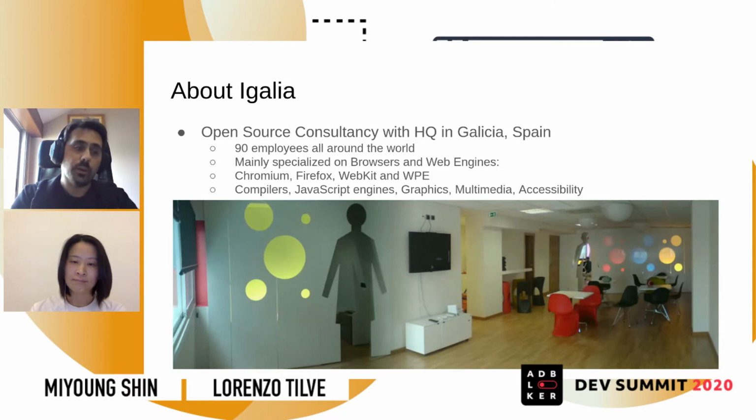We have actually been the second most active contributor after Google and Apple to Chromium and WebKit respectively. And we also have teams working on the compiler side and JavaScript engines specifically, and graphics, multimedia, and accessibility.